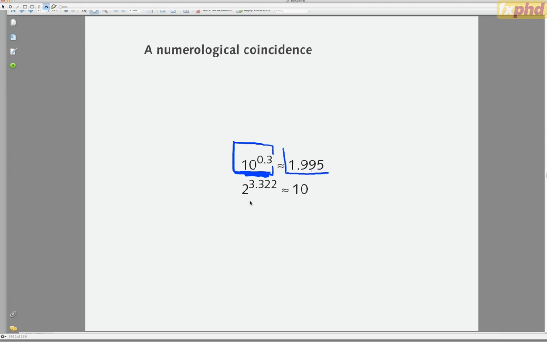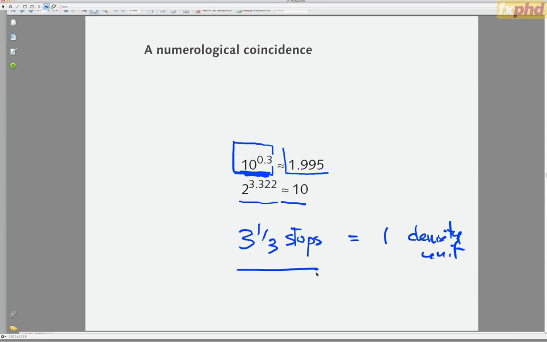On the flip side, 2 to the power 3 1/3, well, very nearly 3 1/3, is 10. So this says that there's 3 1/3 stops to one density unit. And this is highly convenient. You should remember that number.